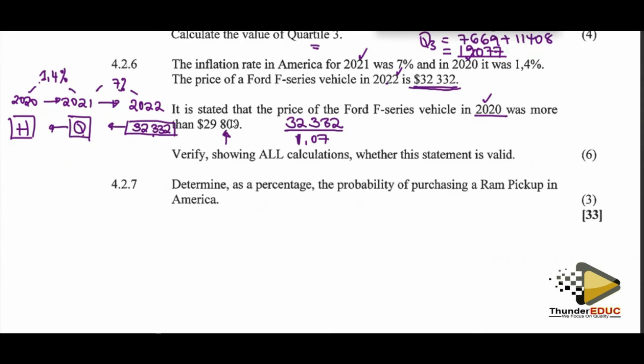We get the answer as, don't erase it from your calculator. Again, now this is the money in 2021. We need the money in 2020. We divide by 1.014. All right.